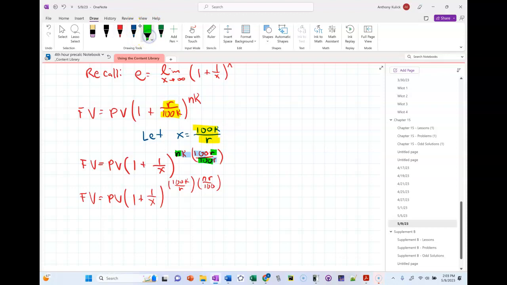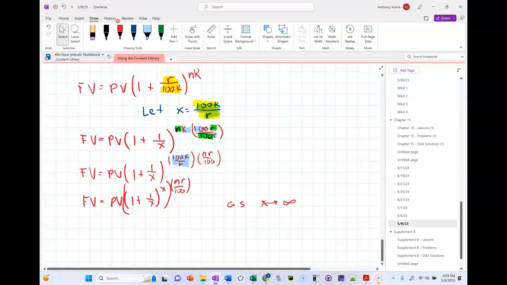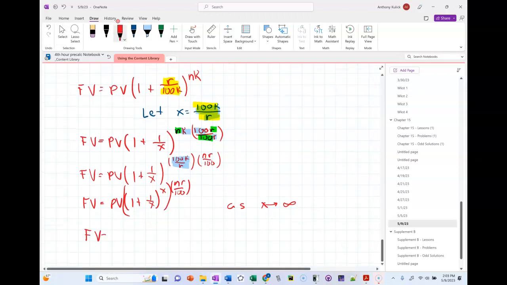Well, that stuff in the periwinkle blue, notice that's just X again, right? And as X goes to infinity, that piece just turns into E.